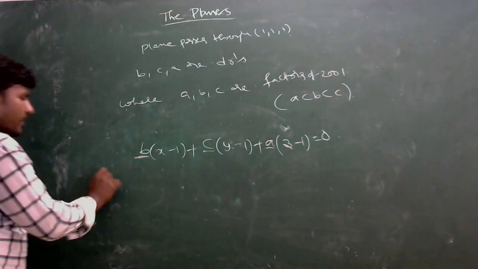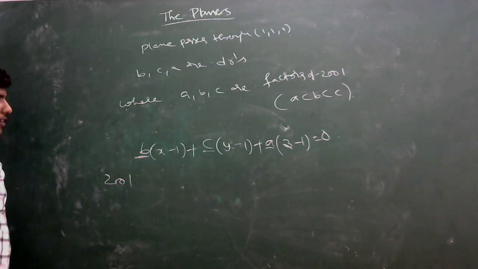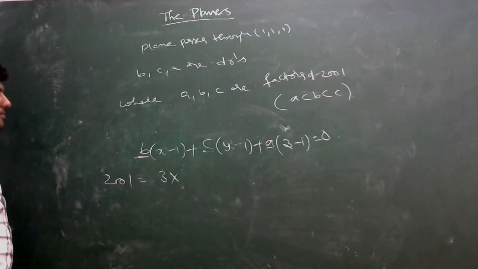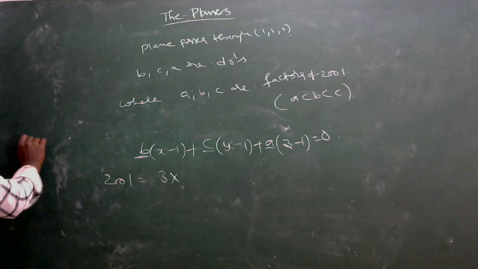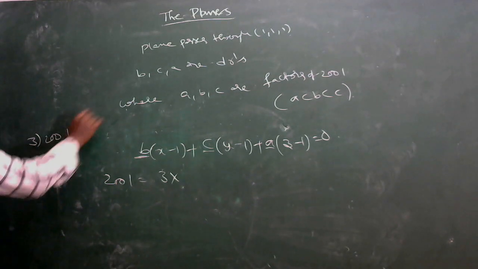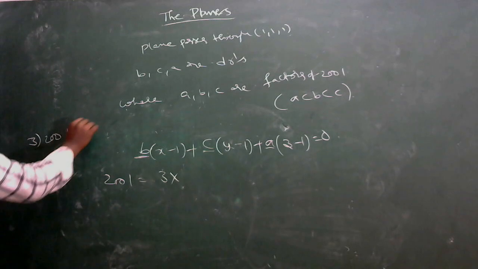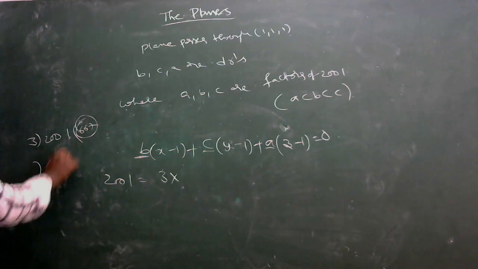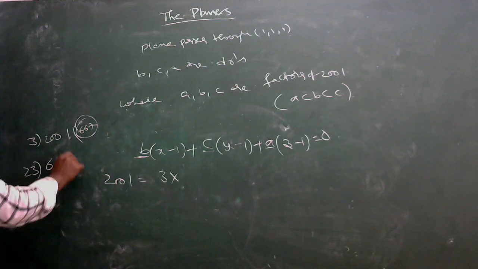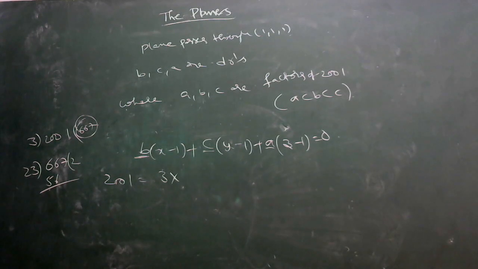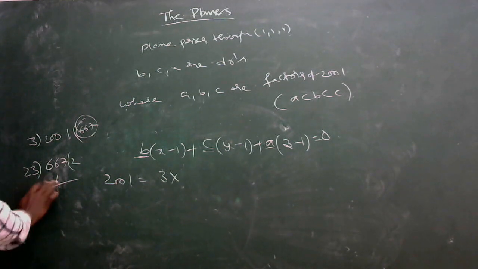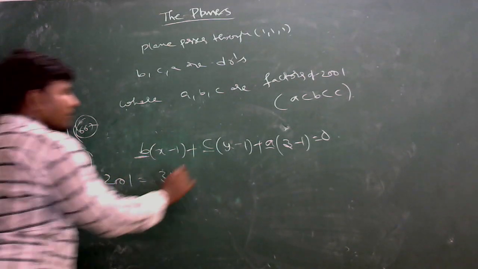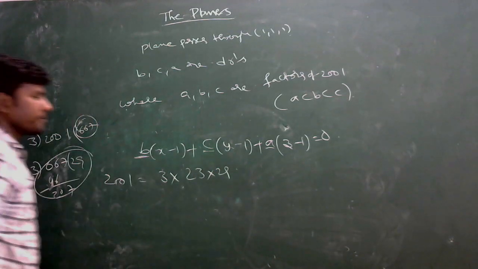First of all, 2001 is written in the form of 3 × 23 × 29.